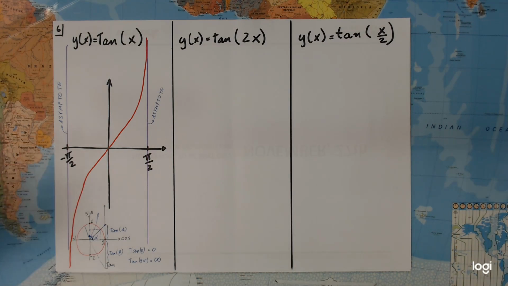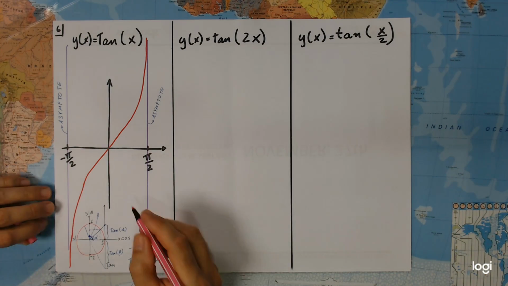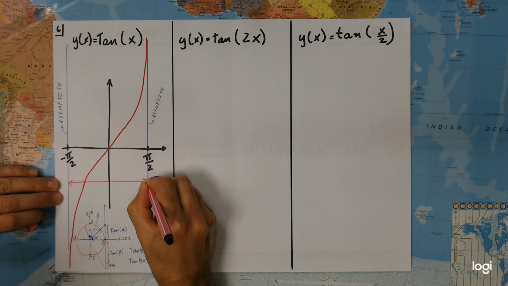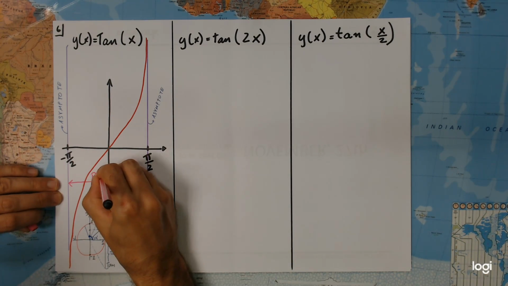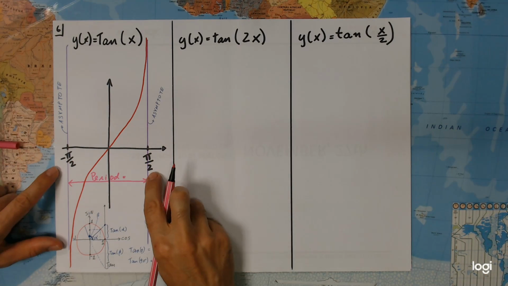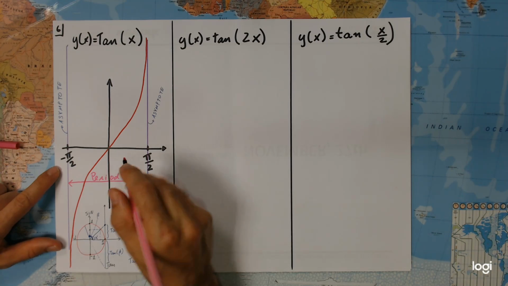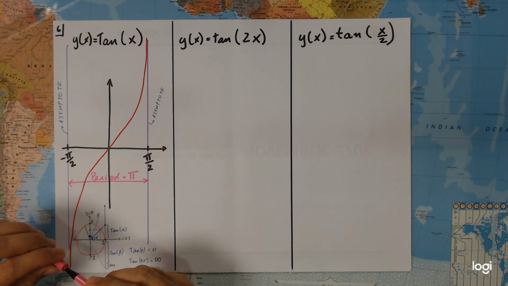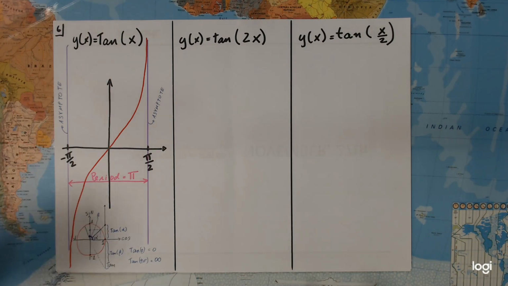video. One other thing that we have to account for is the period. This is very important. The period is just pi, right? It is just pi. Why?